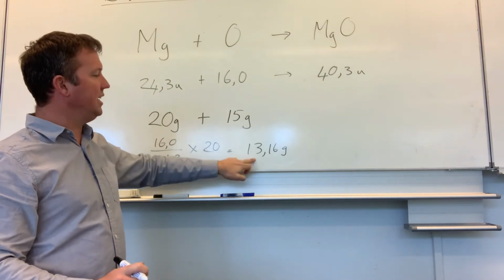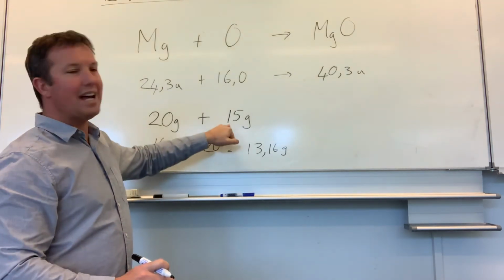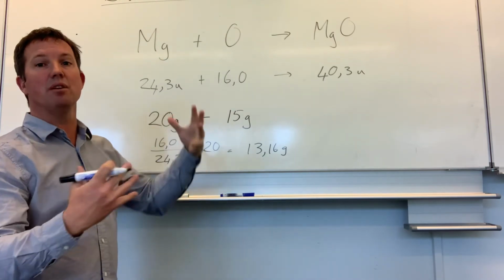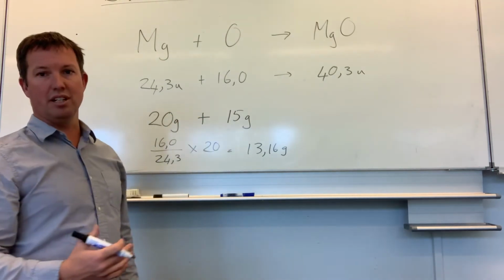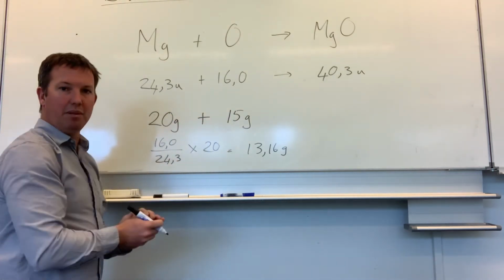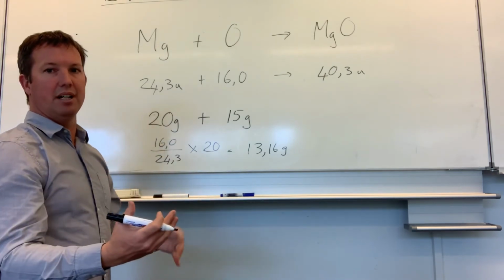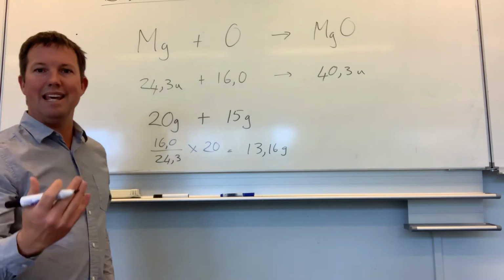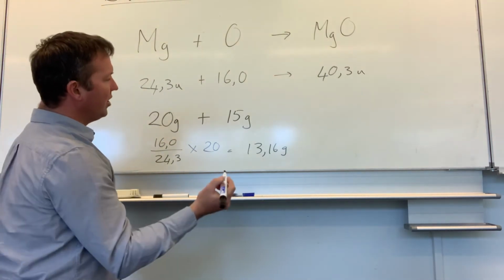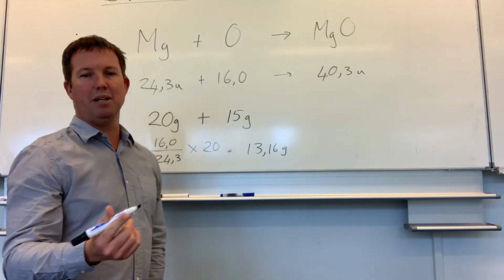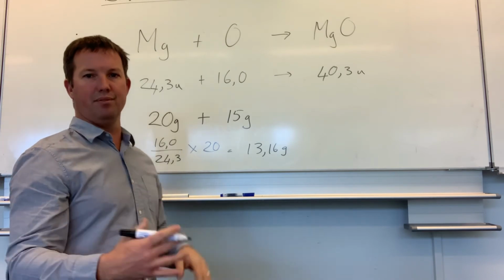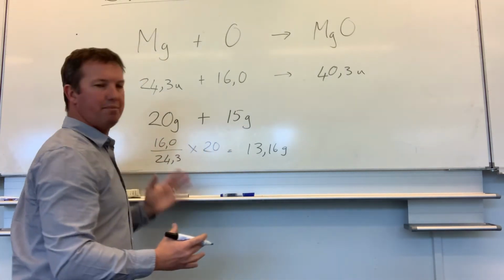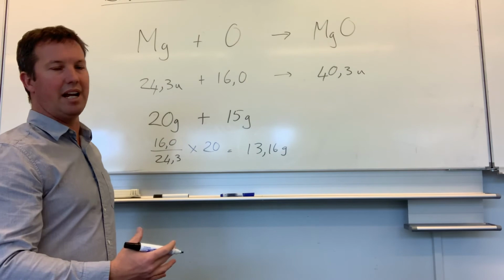Okay, so my prediction was correct because I need less oxygen than I actually have. I only needed 13,16 grams and I have 15 grams, so there is going to be some leftover oxygen in this case. All the magnesium is going to be used up and we're going to have some leftover oxygen. The question in the end could then possibly be, how much oxygen would be left over if all 20 grams of the magnesium was reacted?